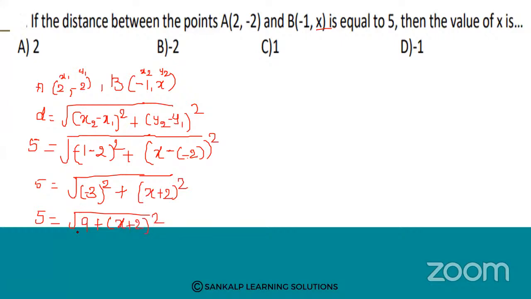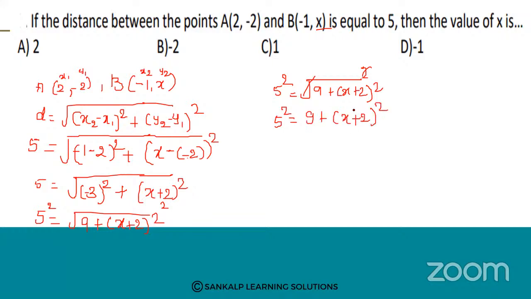Now we have to remove this square root sign. Then we have to put square on both the sides. Then 5 square is equal to square root of 9 plus (x + 2) square, and after putting the square, the root will get cancelled. 5 square is equal to 9 plus (x + 2) whole square.